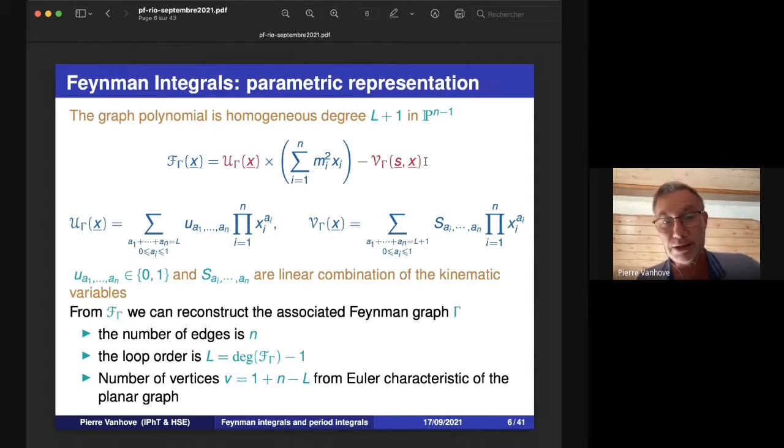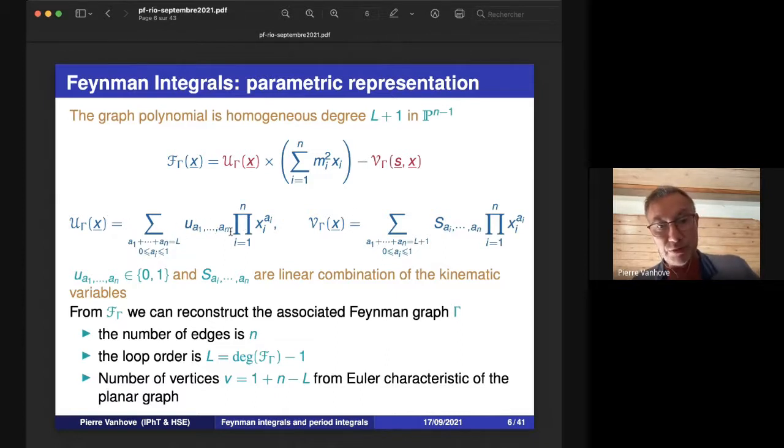And then there's another piece. The generic structure of this one is very simple: it's just a homogeneous polynomial of degree L in your n variables, with coefficients that are either 0 or 1. There is no negative. It is dictated by the topology of the graph in some way, and I will show you later how this one is computed.